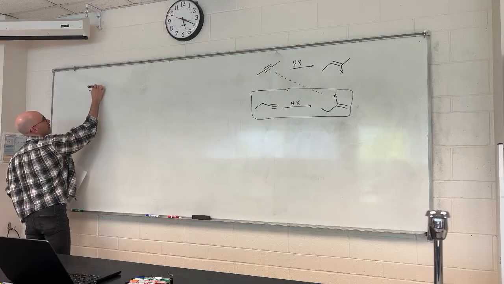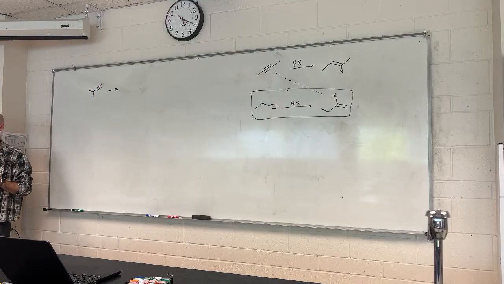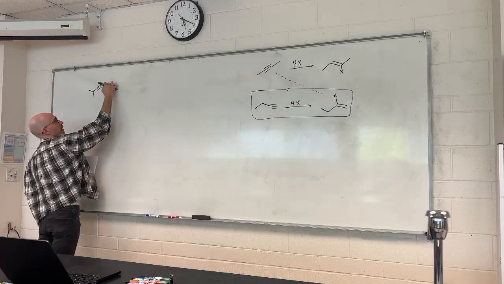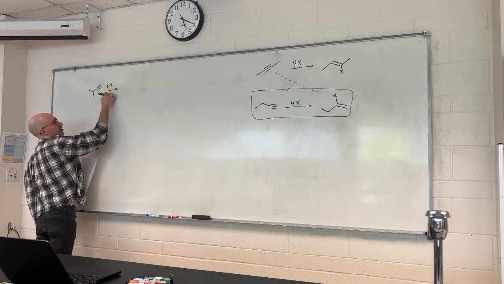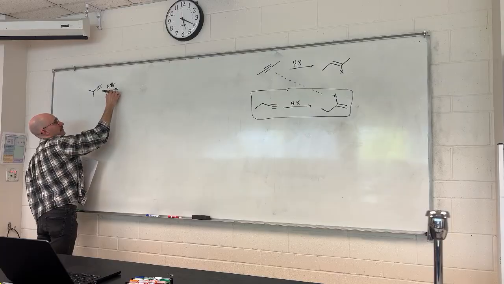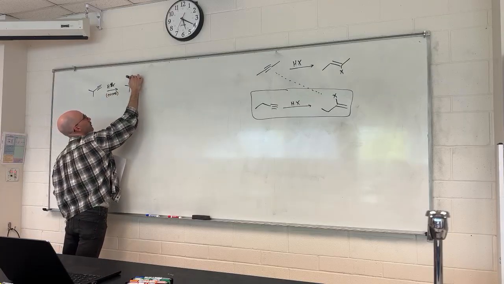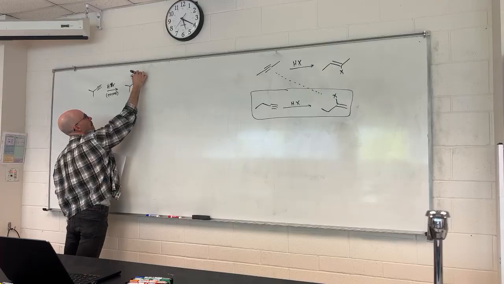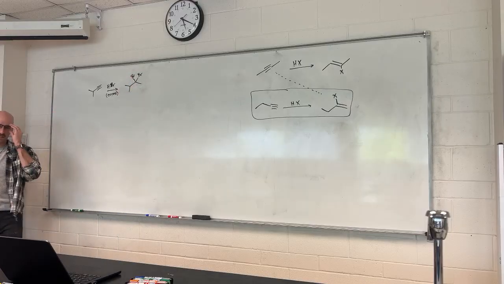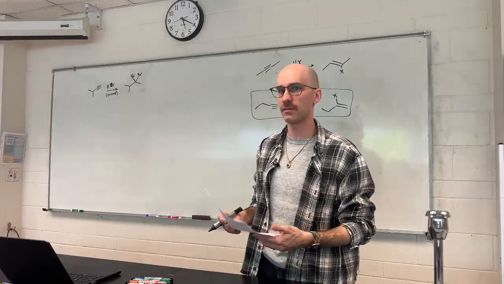Let's take 3-methyl-butyne, and let's run it with HX addition, HBr in excess, until we get 2,2-dibromo-3-methylbutane.